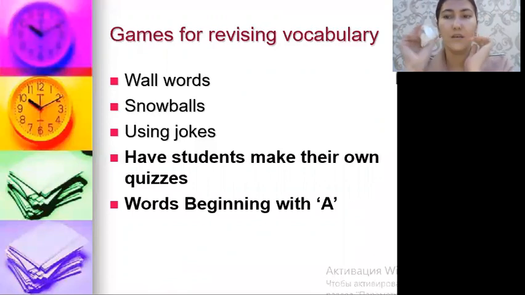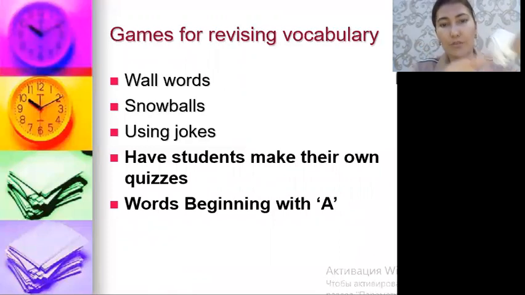Then you can ask them to throw these snowballs in the space of the classroom, and ask your students to stand up to make a circle and take 1 snowball each. And so read the word and give the definition, or if it's a written definition, they should guess the word.